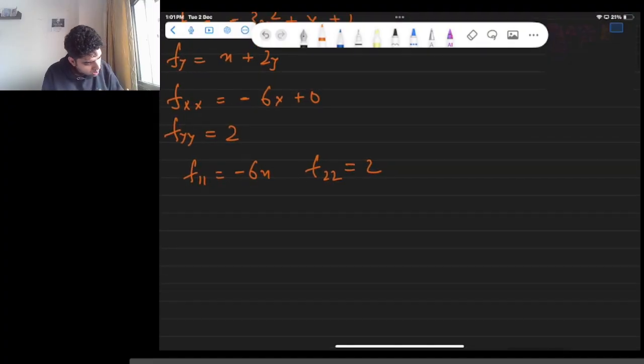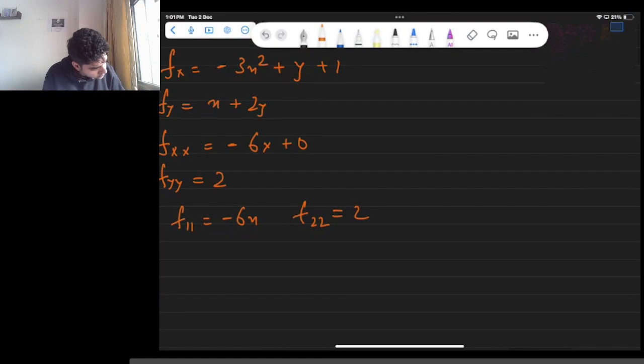So now my cross partial derivative, which is equal to f12 or f21, I need to find either the partial derivative of fx with respect to y, or the partial derivative of fy with respect to x.